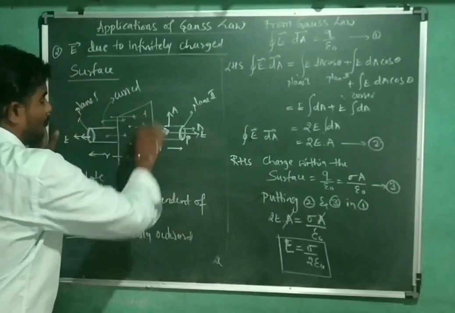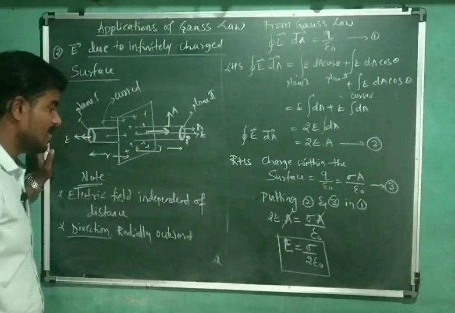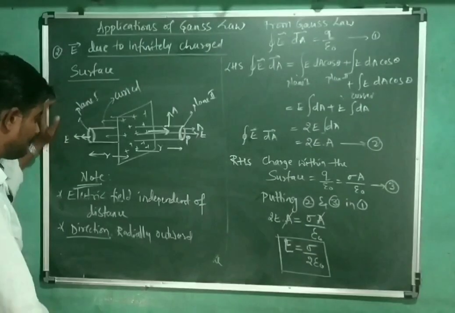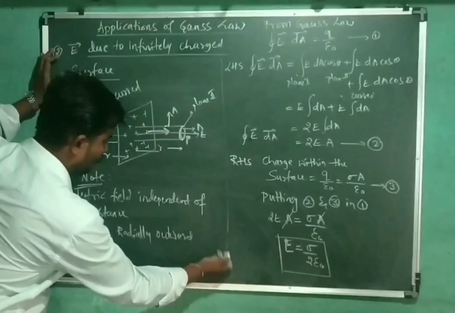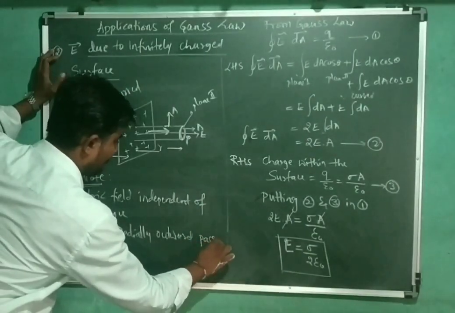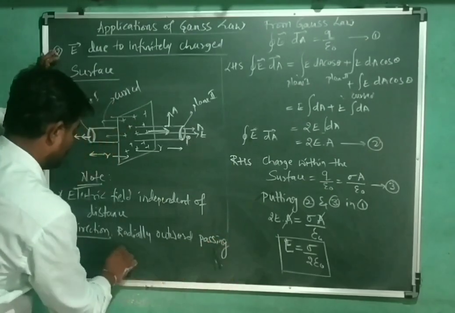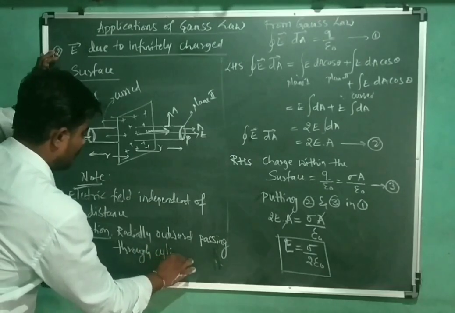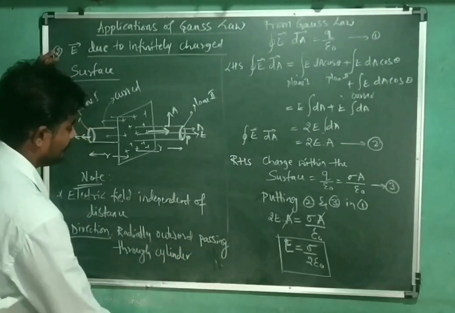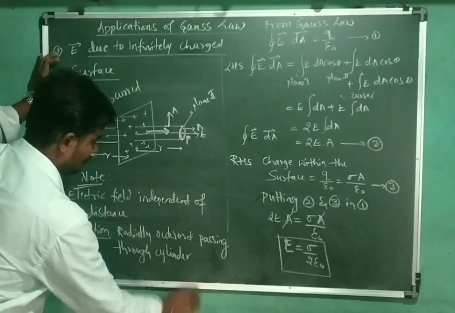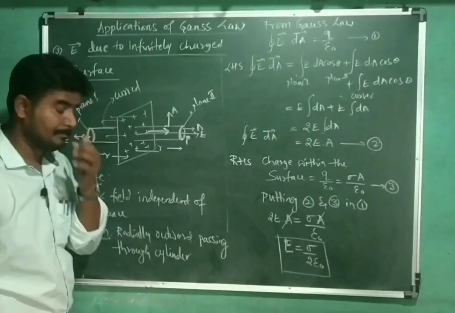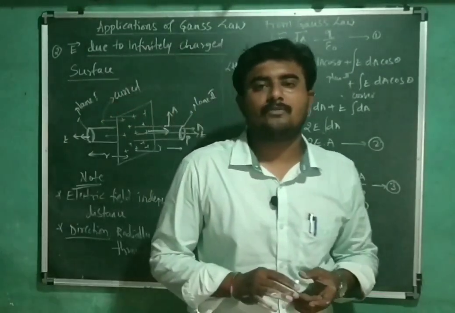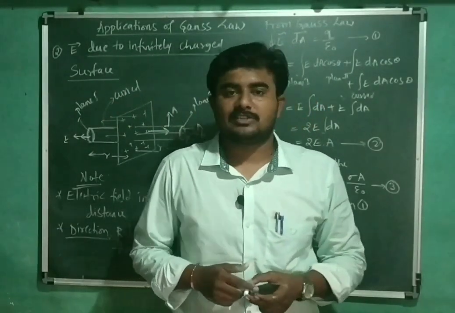We have considered all the positive charges, therefore the direction is radially outward. If we consider the negative charges, then it is radially inward. Passing through cylinder. Okay, these two are the important applications of Gauss law. Next application we shall discuss in next class.